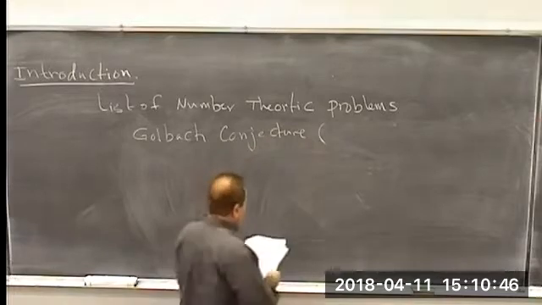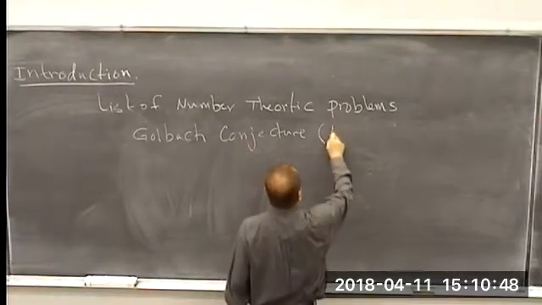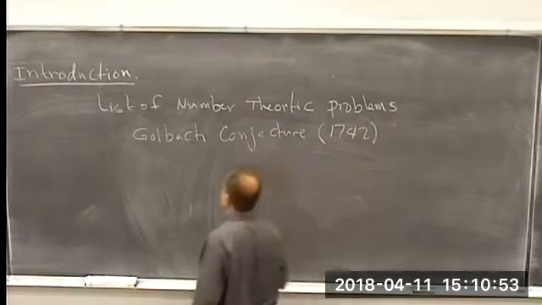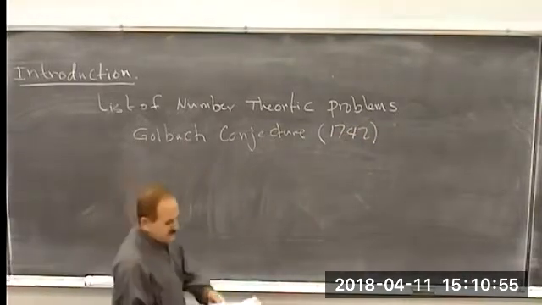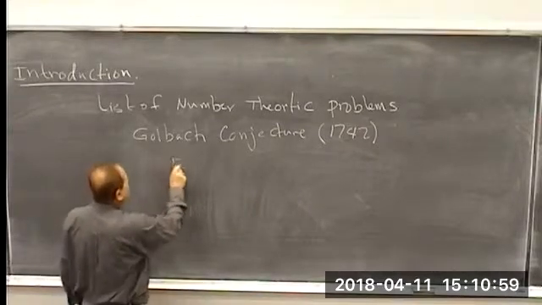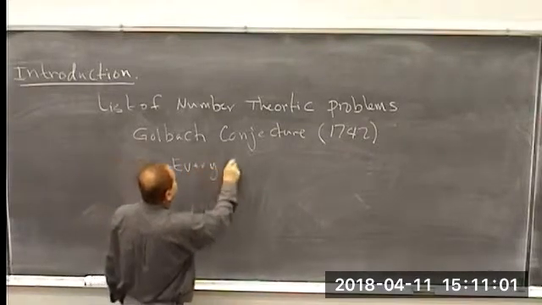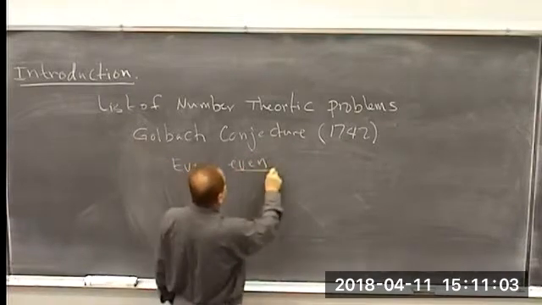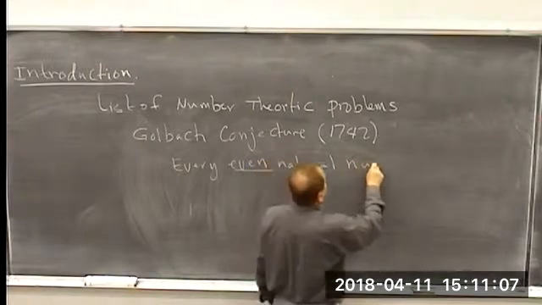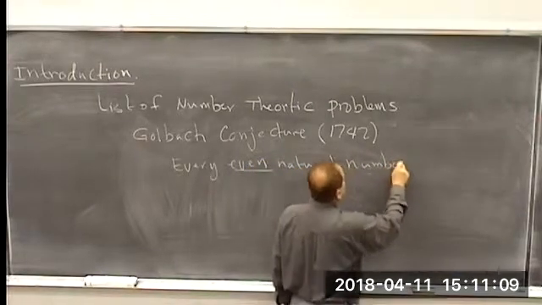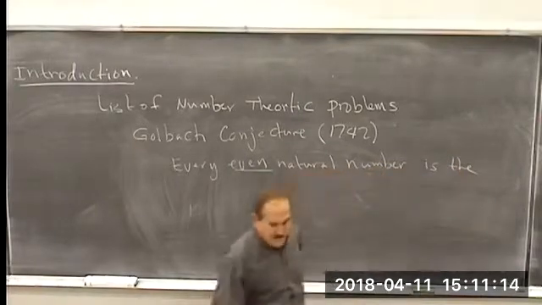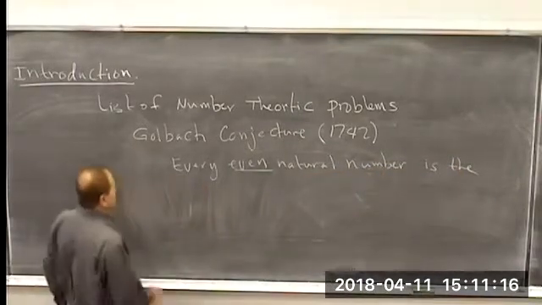It was proposed by Goldbach in 1742. And it says that every even natural number is the sum of two primes.